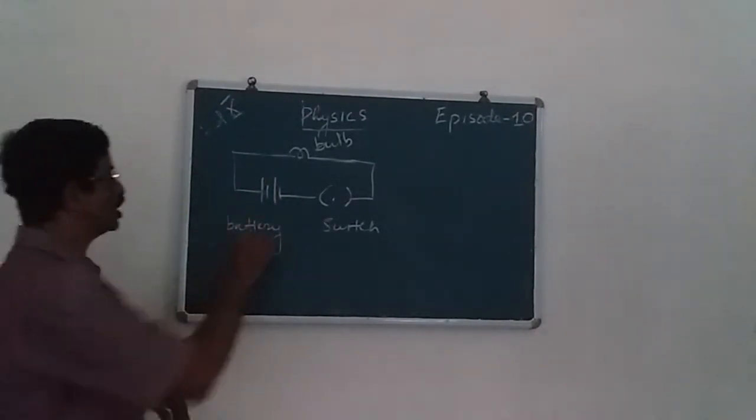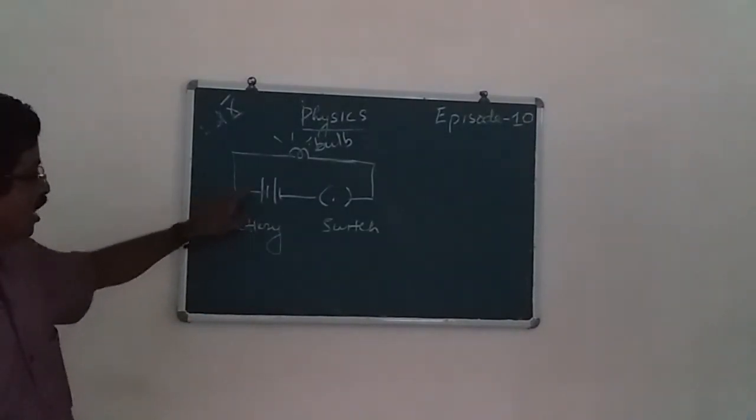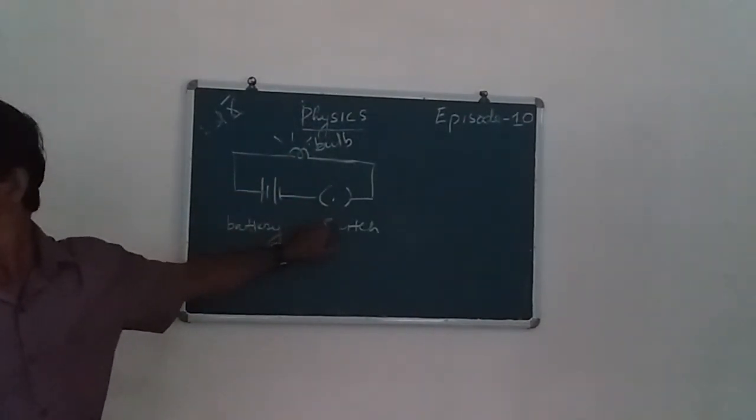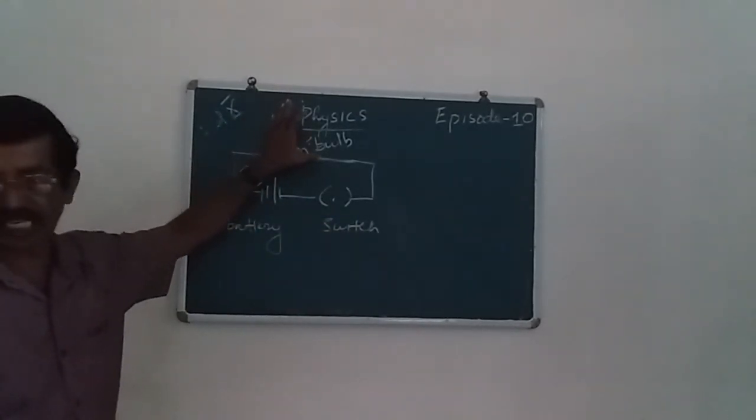When we switch on, the bulb glows. Here battery, bulb, switch. Here the switch is on and the bulb glows in this case.